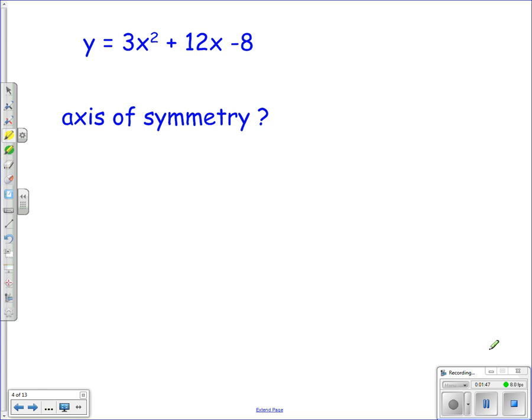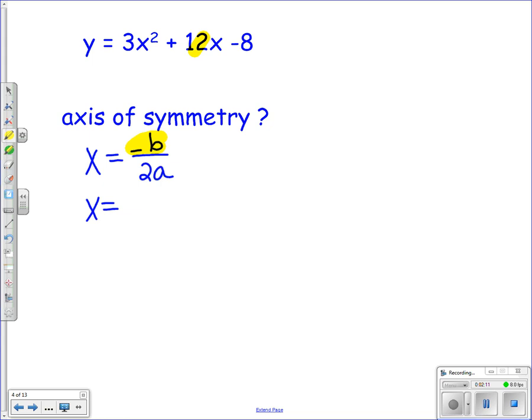Let's find the axis of symmetry for this equation, y equals 3x squared plus 12x minus 8. We're going to start out with x is equal to negative b over 2a, which is our formula to find the axis of symmetry. So you're going to have x equals negative b. Well, b itself is 12.